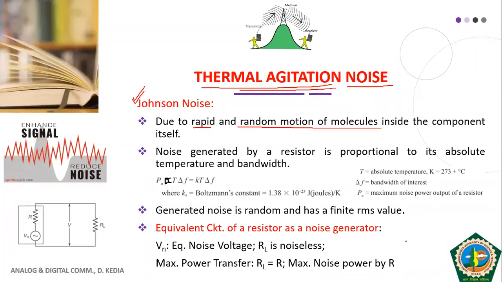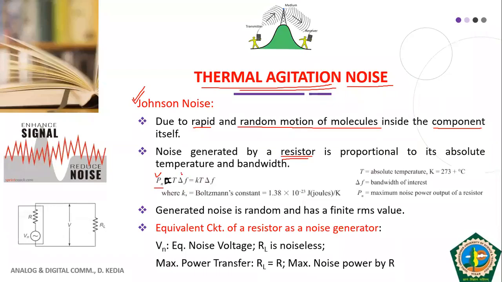Fine. So how do we now mathematically define this thermal agitation noise? As I told you, this thermal agitation noise is internal noise, which is due to the active or passive components present in the circuit. So here we consider the noise generated by a simple resistor. As we talked about in the previous slide, your noise power is represented by Pn here.